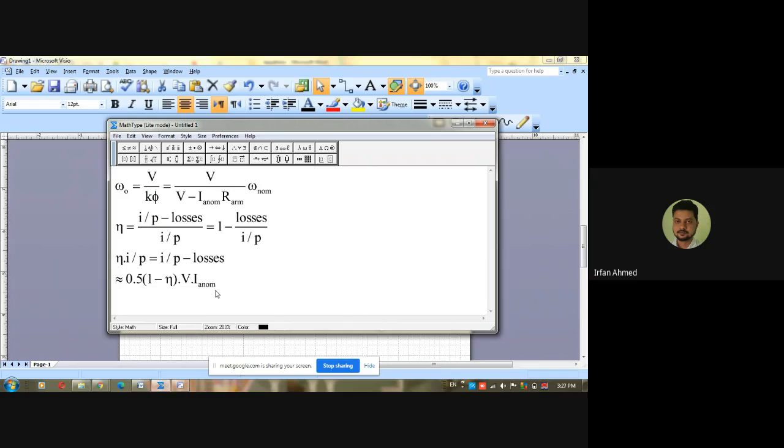How much is the armature copper loss? It is I squared R_A, the nominal current squared multiplied by R_A.